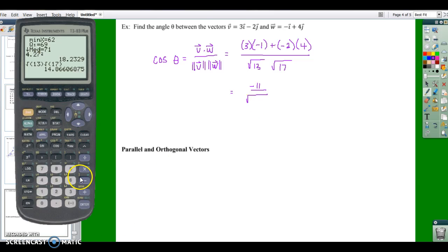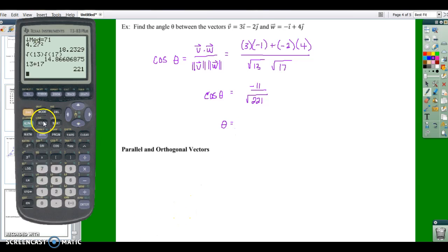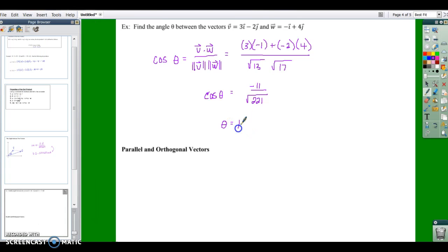If I just do 13 times 17, that gives me 221. I can leave it like that because I'm eventually going to be finding the angle here. And this I can just put in my calculator exactly as it's written. If I just do inverse cosine of -11 divided by the square root of 221, that's going to give me my angle theta, which is about 137.7 degrees.